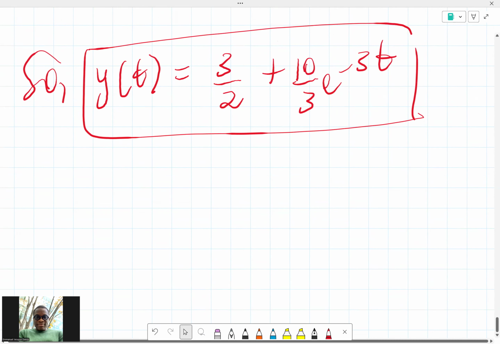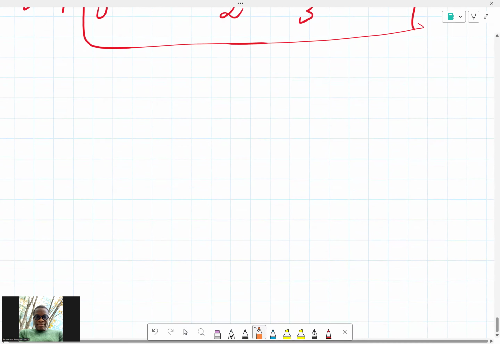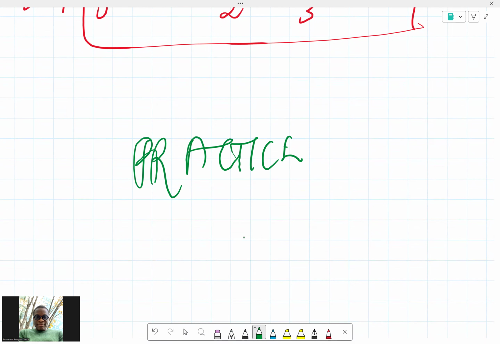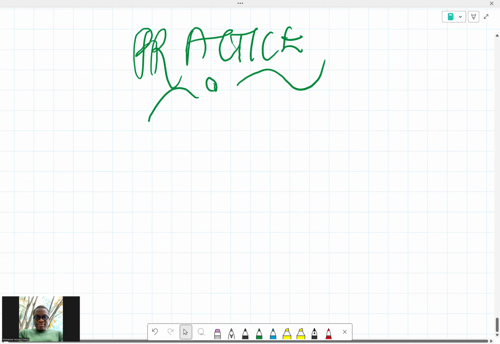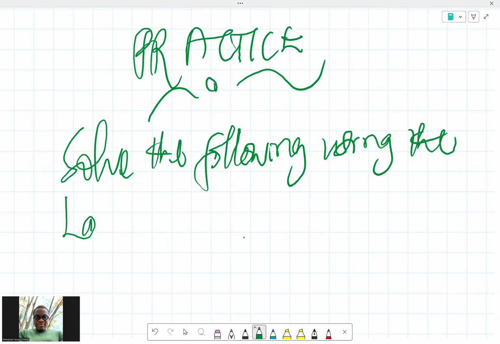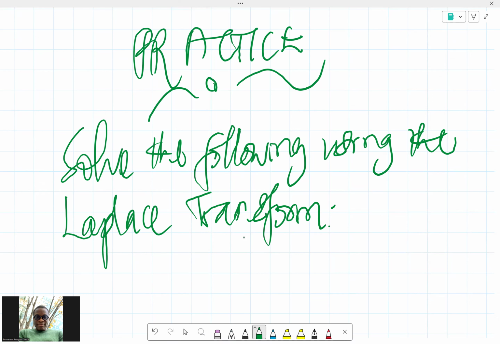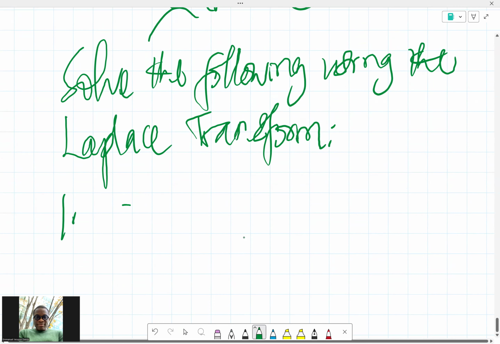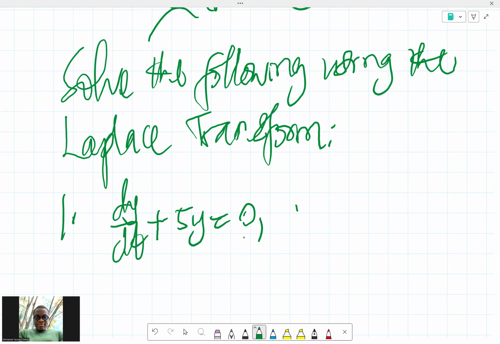So with that, now let's talk about some practice questions. Solve the following using the Laplace transform. Number 1, dy/dt plus 5y equals 0, y of 0 equals 2.